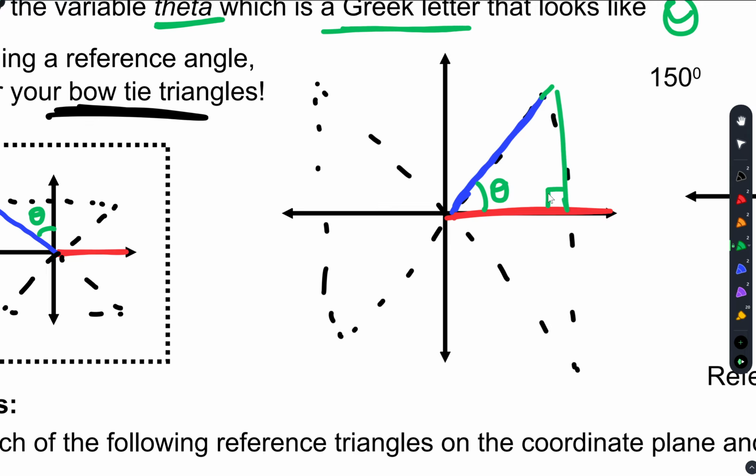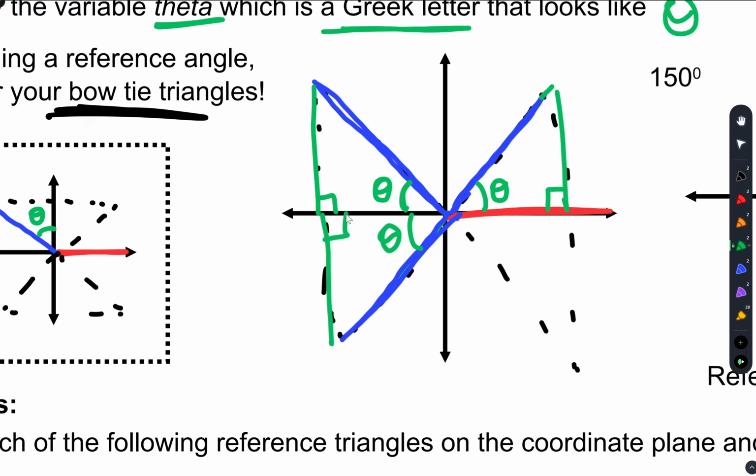Guess what? Those are right triangles. If my terminal side went over here, think about where your reference angle would go. It would have to go in between there and the x-axis, and we would get another right triangle over here. We could do the same thing in all four quadrants. So again, if I put my terminal side over here, my reference angle would go in between there and the x-axis, and I would get a nice little right triangle in there.